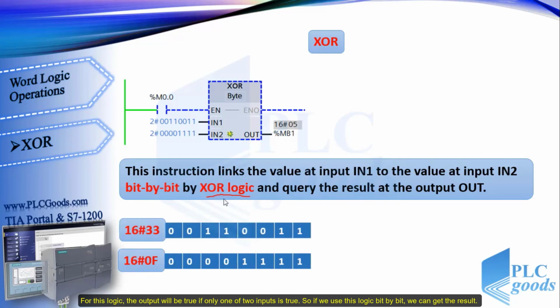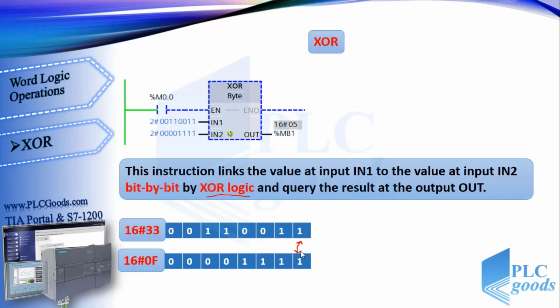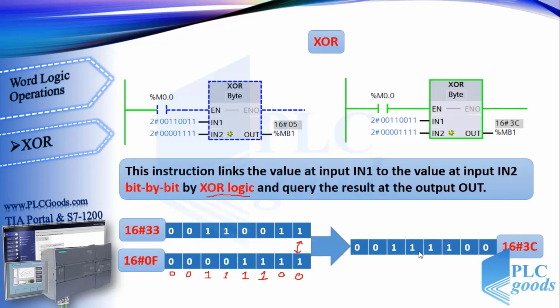So if we use this logic bit by bit, we can get the result. Where this binary number is equivalent to 3C in hexadecimal form.